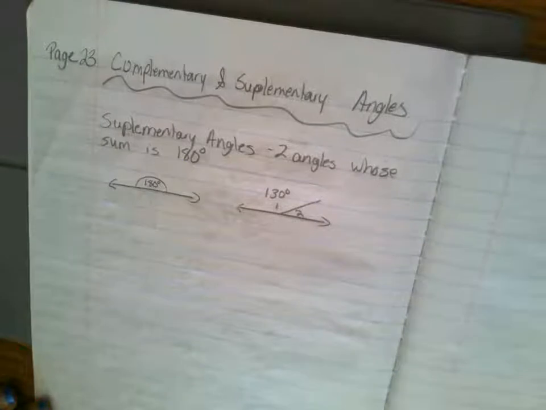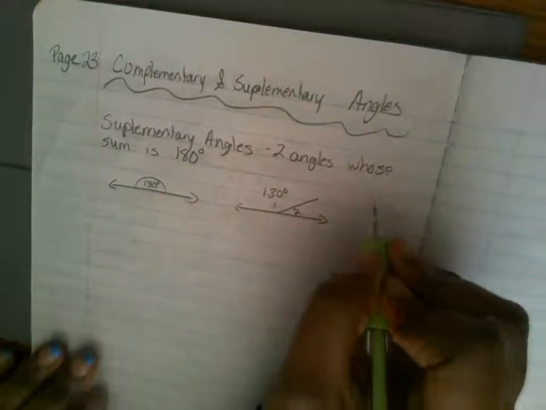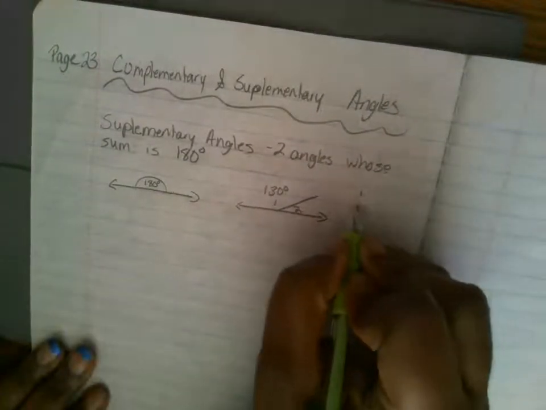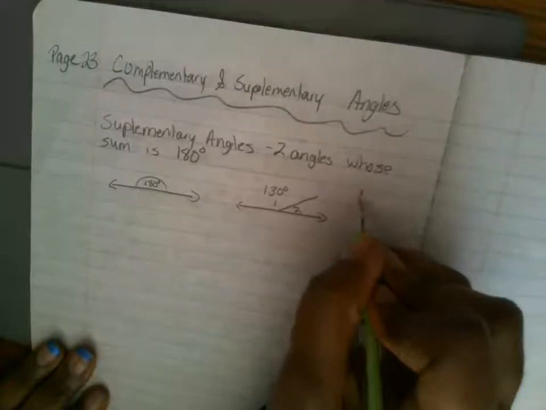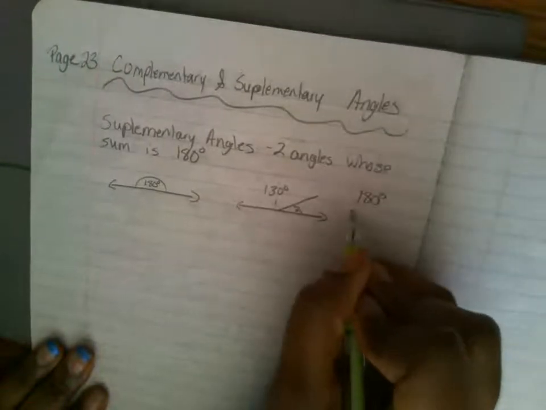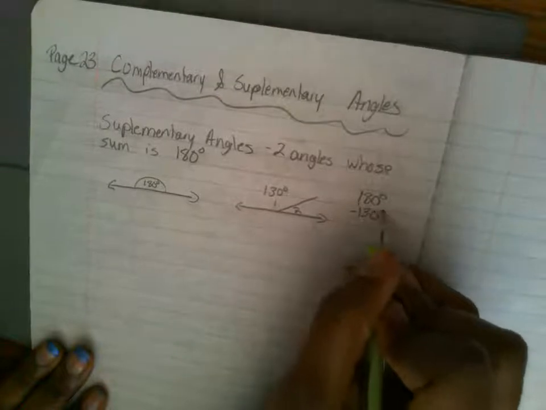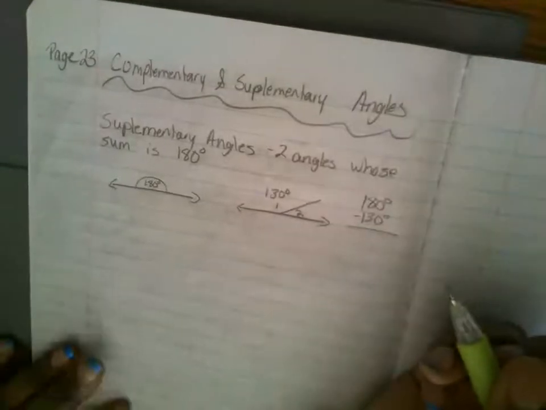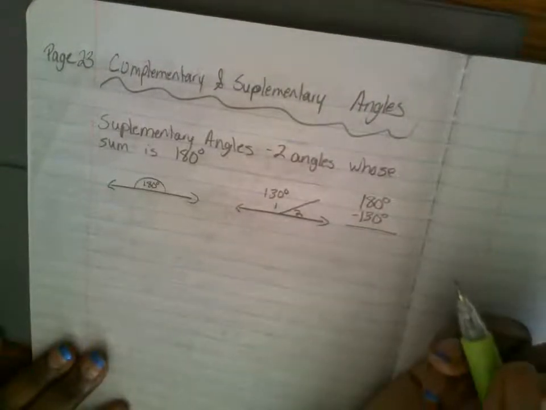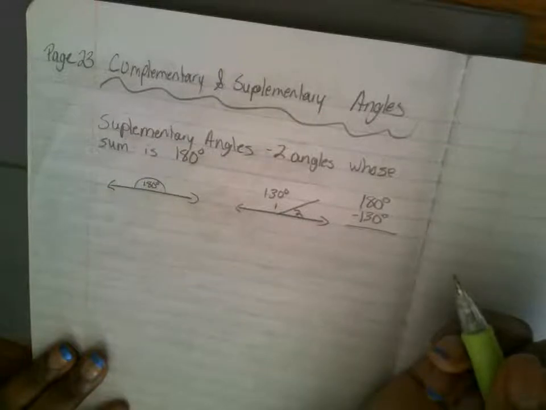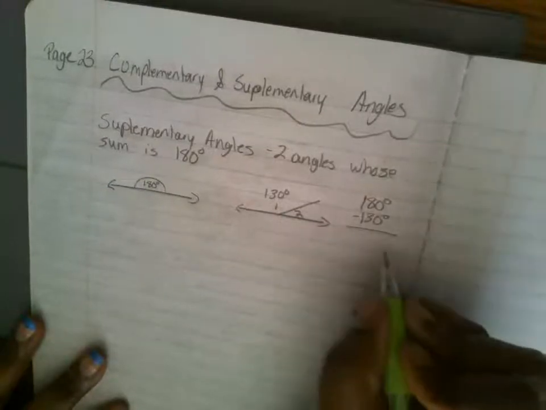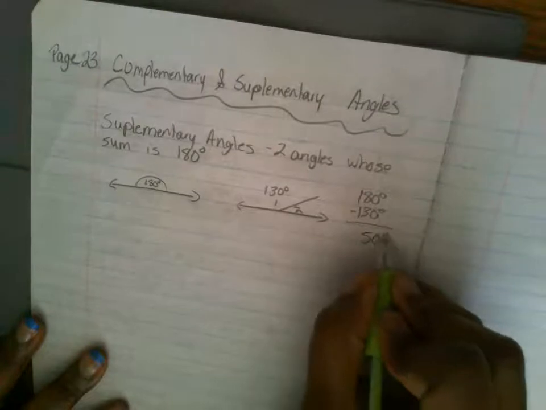Subtract from 180. So you're going to say 180 degrees minus 130 degrees. And what does that give you? 50 degrees. Very good.